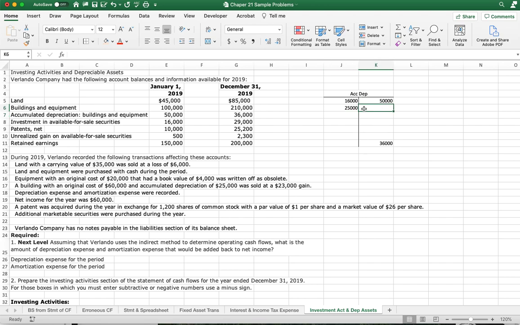So now we can solve for our missing accumulated depreciation, which would be our depreciation expense for the period. And so our $36,000, we can add these debits, subtract our credit, and we get depreciation expense for the period of $27,000.